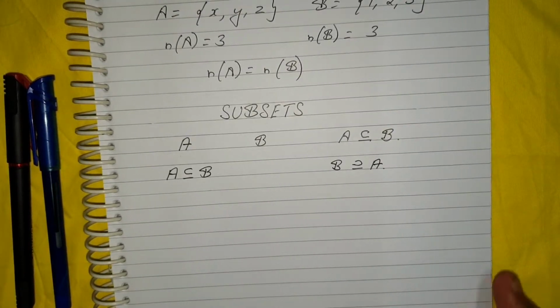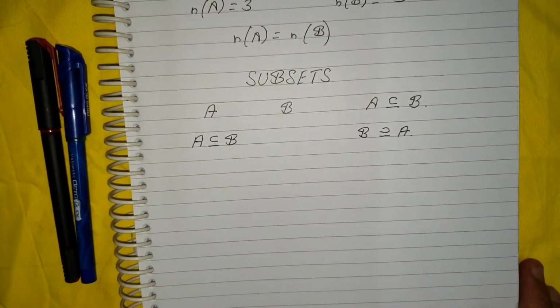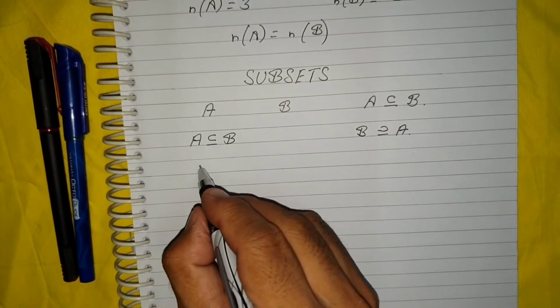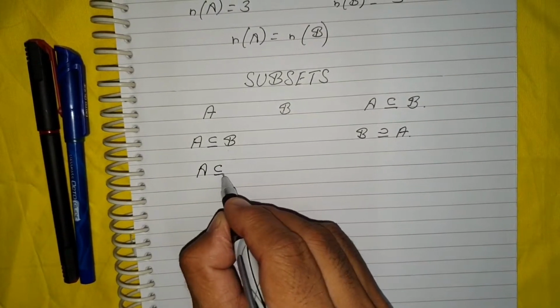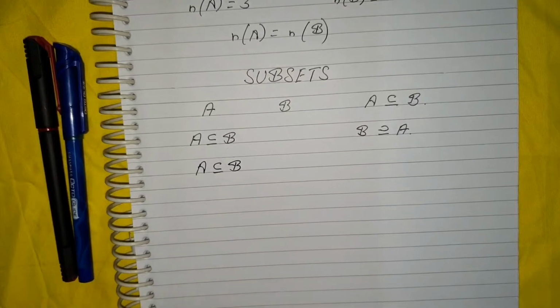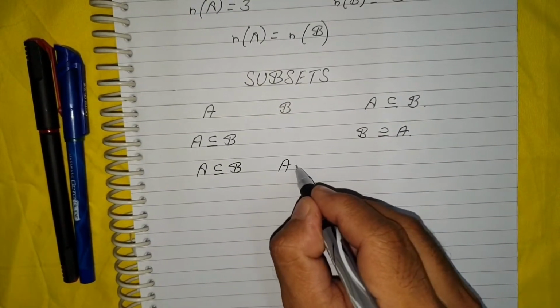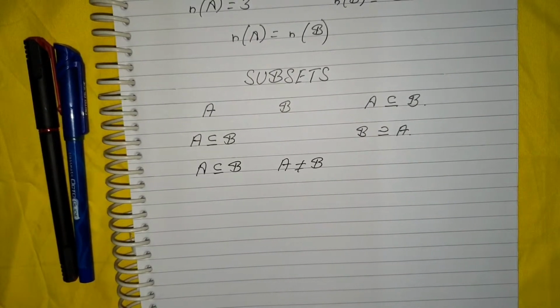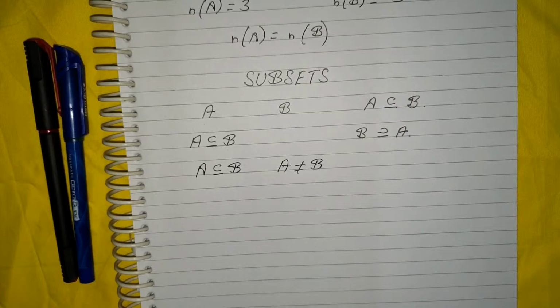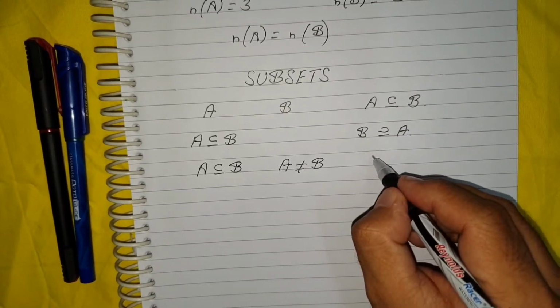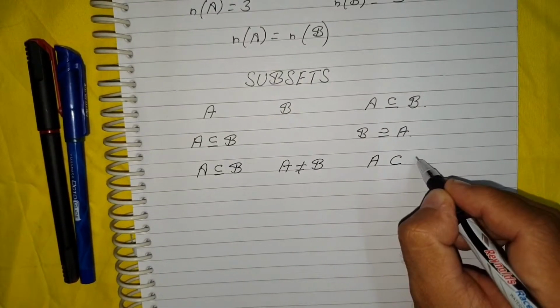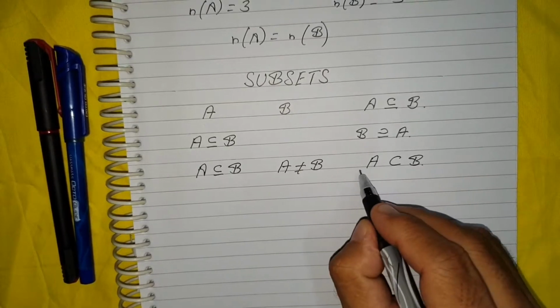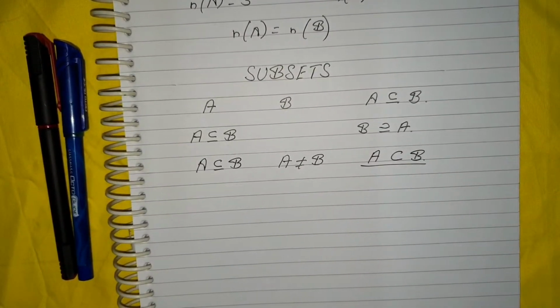The proper subset. If A is a subset of B and A is not equal to B, then A is called a proper subset of B, and we write A ⊂ B. Now this stands for the proper subset.